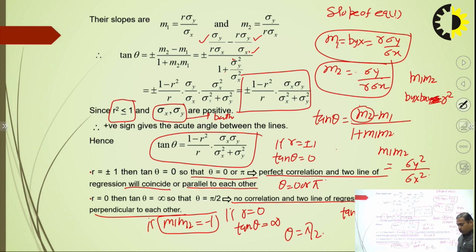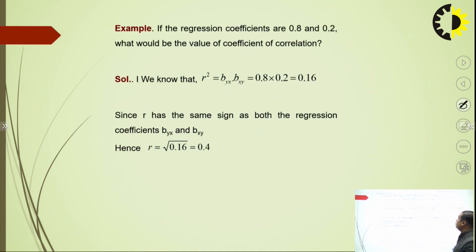m1 m2 is equal to minus 1. Now let us take the example of regression coefficients of 0.8 and 0.2. What would be the value of the coefficient of correlation?